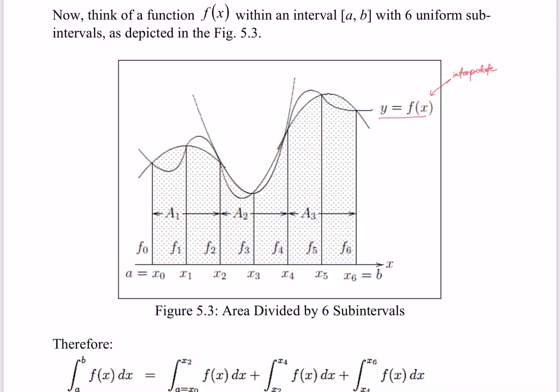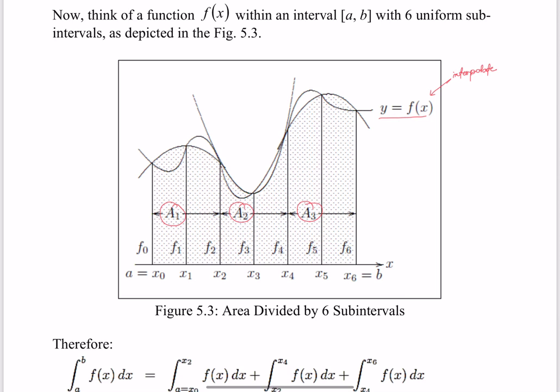Because the Simpson rule is based on quadratic interpolation, for this interval from A to B, let's say we divide it into 6 sub-intervals. By using the Simpson rule, we only need to know 3 areas because we are using the quadratic.